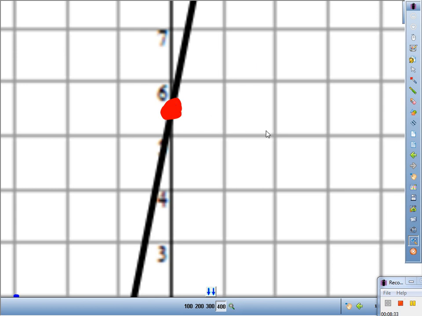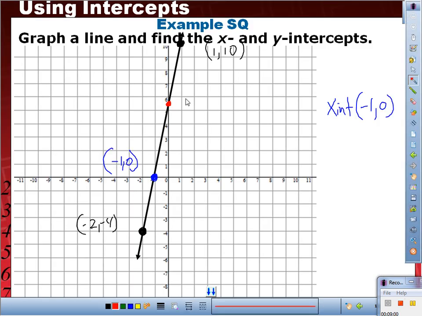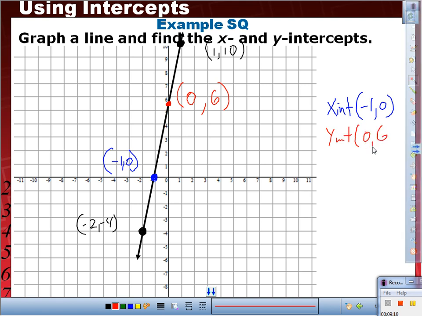So if you got up to right there, Mel, what is my coordinate up to right there? 0, 6. Y-intercept 0, 6. Hands if you got 0, 6 for Y-intercept. Hands if you got 0, 5 for Y-intercept.